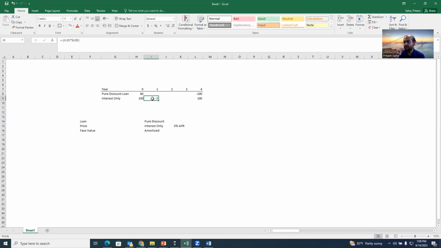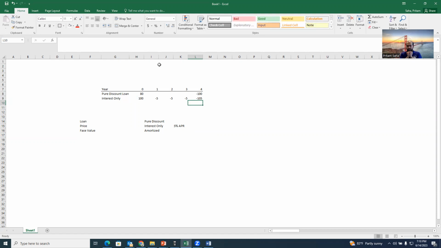Each period, 5% on 100, $5. At expiration, the borrower will pay the entire face value plus the interest. Did you see the difference?